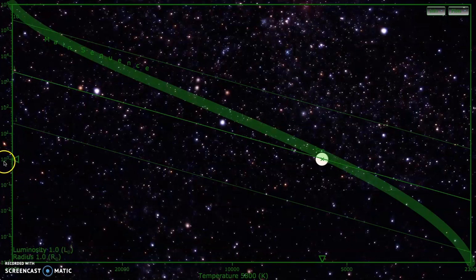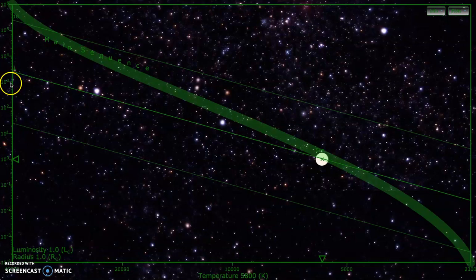If something has a luminosity of 10 to the 0, that would mean it has the same luminosity as the sun. That's our sun right there. This X is showing you the star that it's plotting right now, and it's plotting the sun. On our luminosity axis, you can see that it goes up by powers of 10.